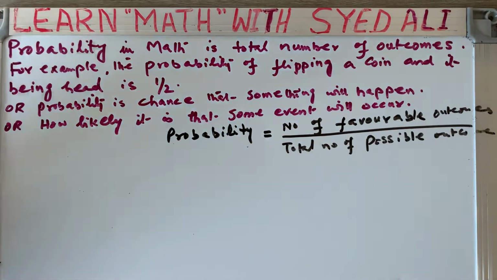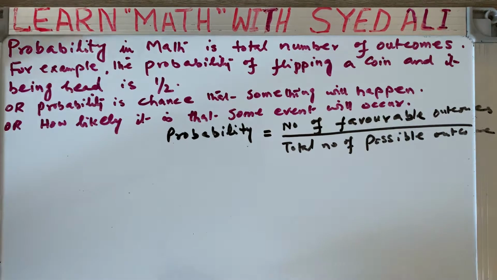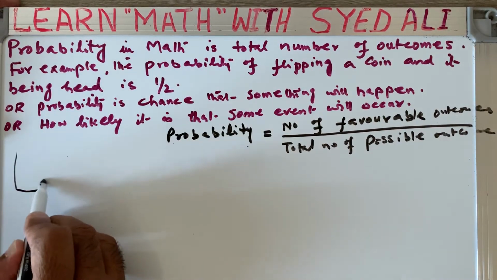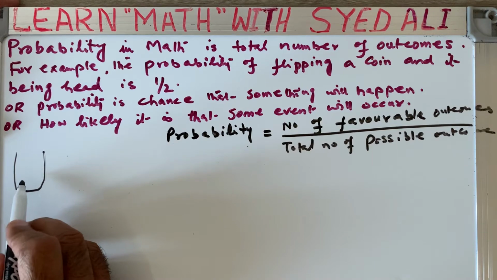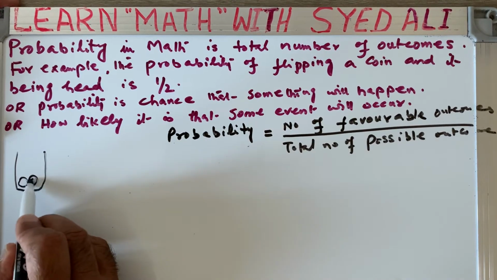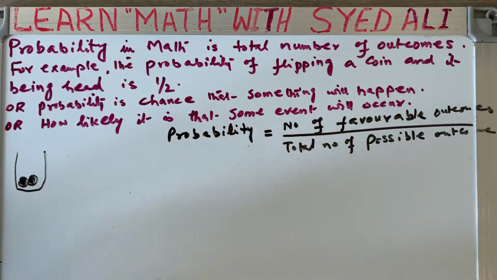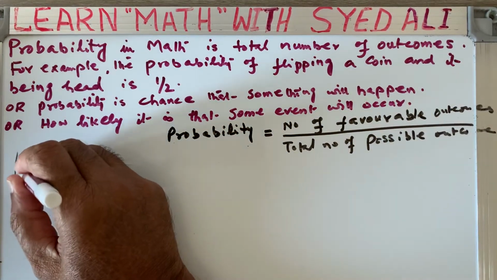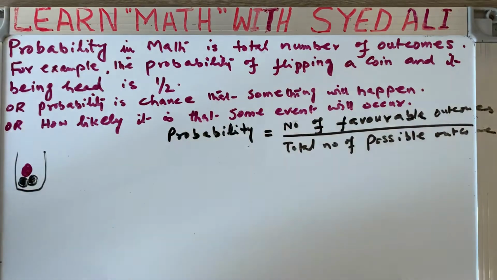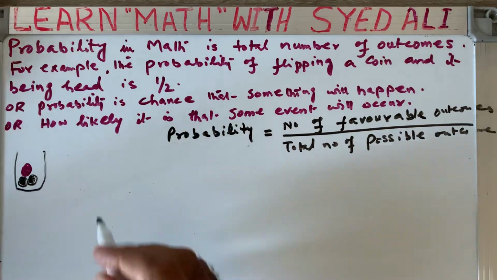Right? So now we see what happens if there is a container and we have 3 balls in it, and 2 balls are black and 1 ball is purple. And we want to find out the probability of drawing a black ball from this container.